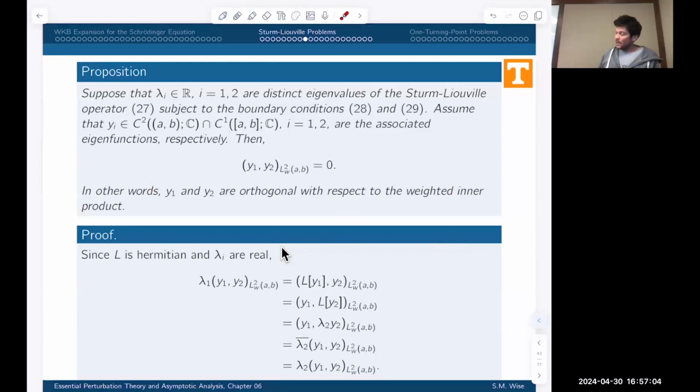Once it hops over to y2, it's going to spring forth lambda 2, the eigenvalue associated to y2. When that lambda 2 comes out of the inner product, it comes out with a complex conjugate, because remember, this inner product is not symmetric, it's conjugate symmetric. But remember, lambda 2 is real, and since lambda 2 is real, the complex conjugate falls away.